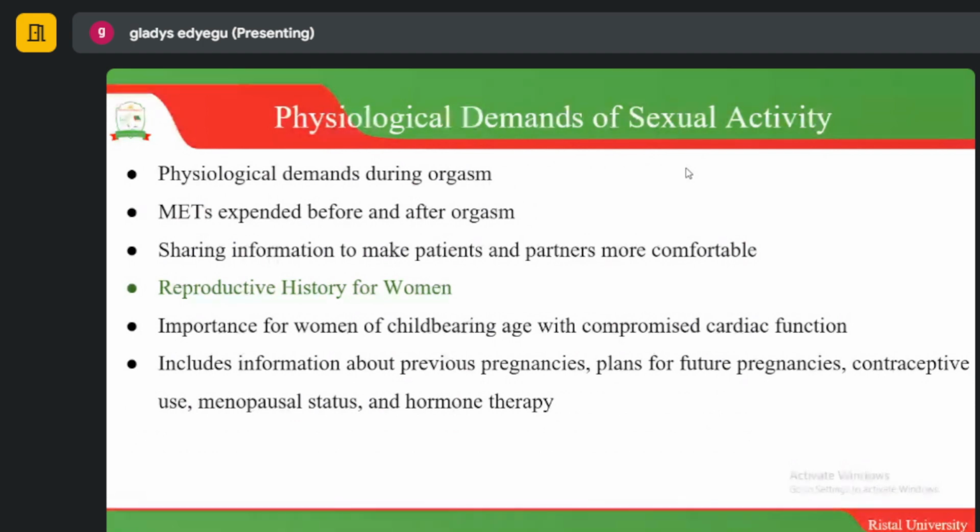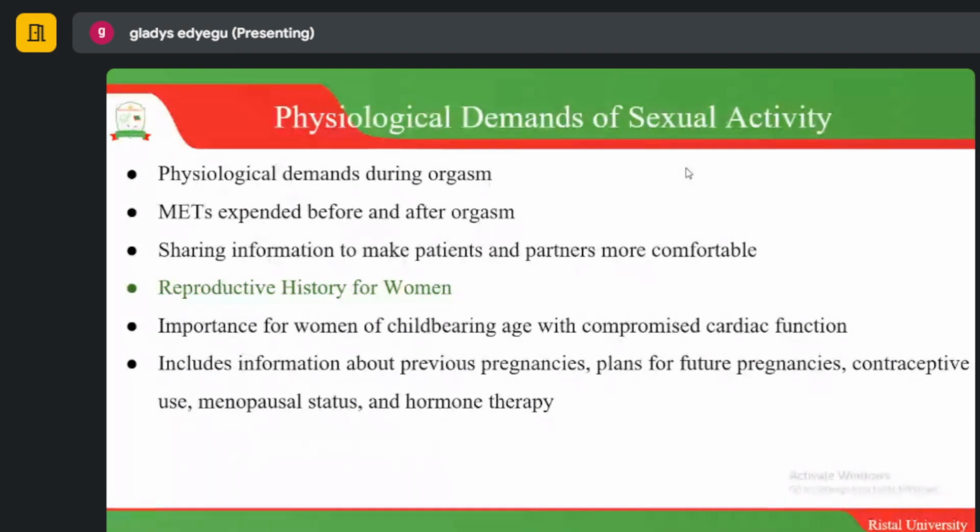So this is what happens, the physiological changes that take place during this sexual activity affect most of these patients. So that's why most of them cannot tolerate the sexual activity and the reproduction, because it affects them so much that some of them can even end up deteriorating and can affect their life.